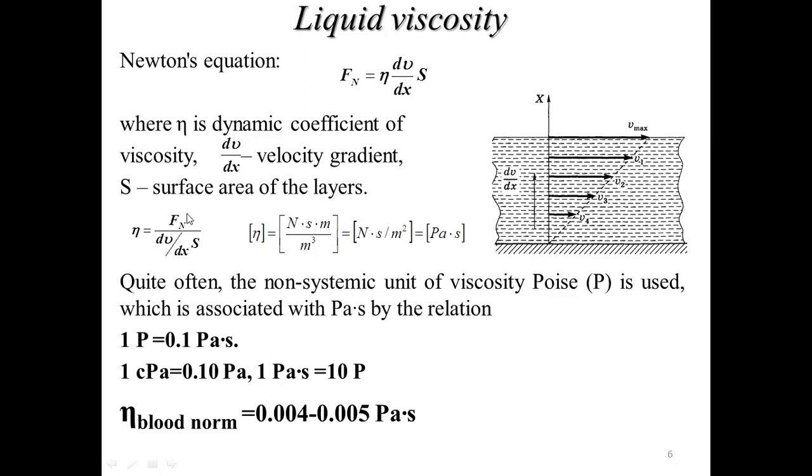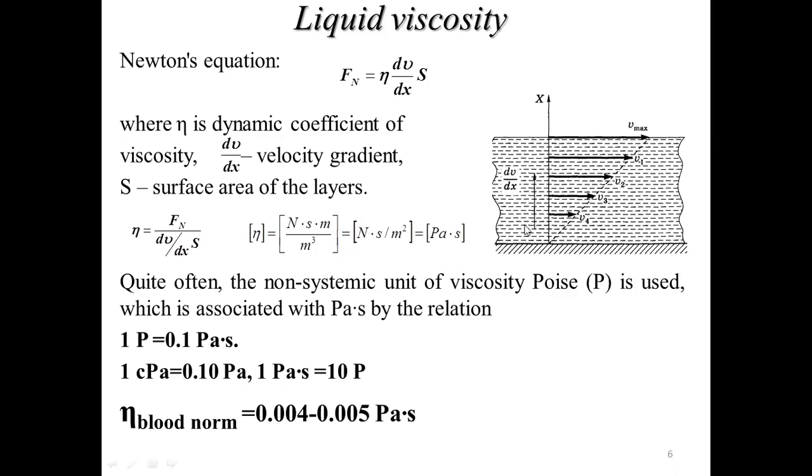The dynamic coefficient of viscosity we define as the friction force which acts on a unit of contact area of the layers when the velocity gradient is unity. The unit of measurement for the dynamic coefficient of viscosity is Pascal second.